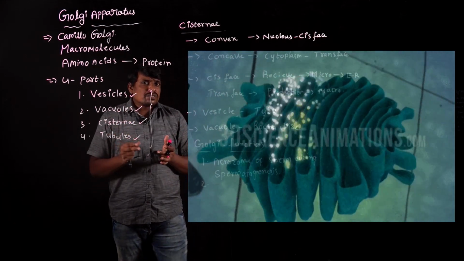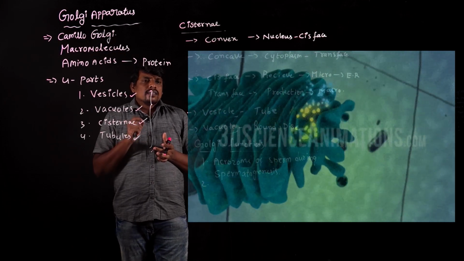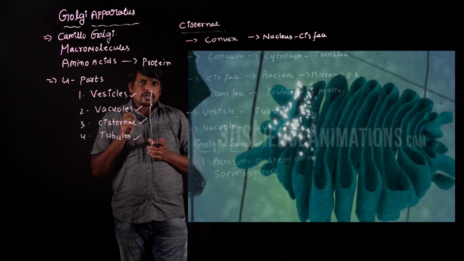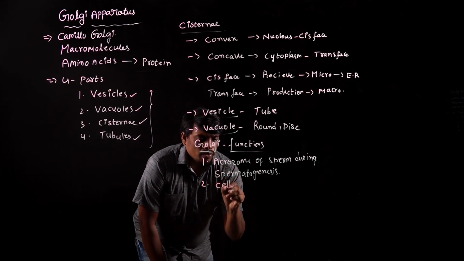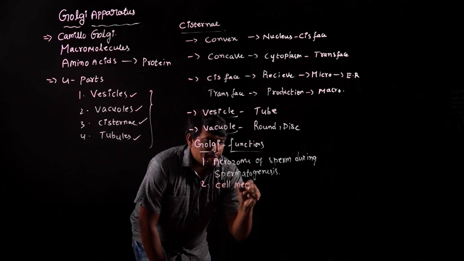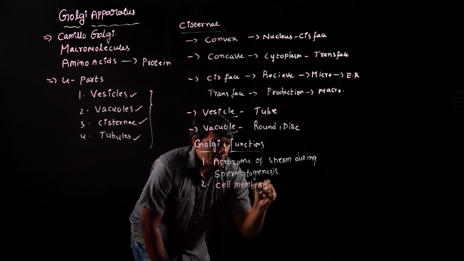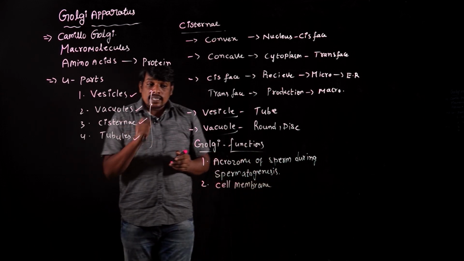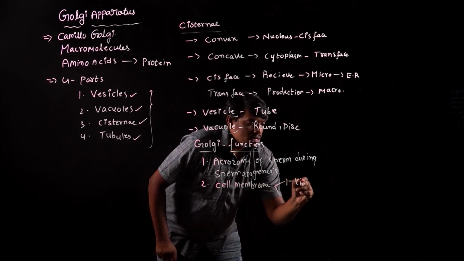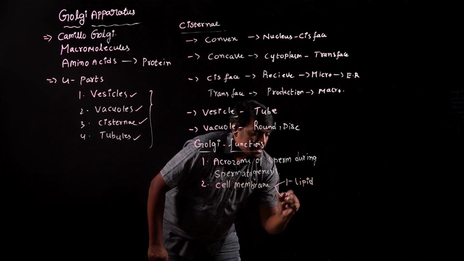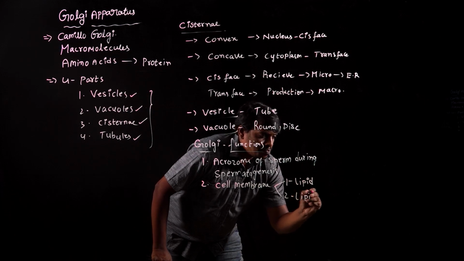What other functions are done by the Golgi operators? There are many kinds of functions, especially during the process of making the cell membrane. You know that the cell membrane contains two lipid layers, first lipid layer and second lipid layer.